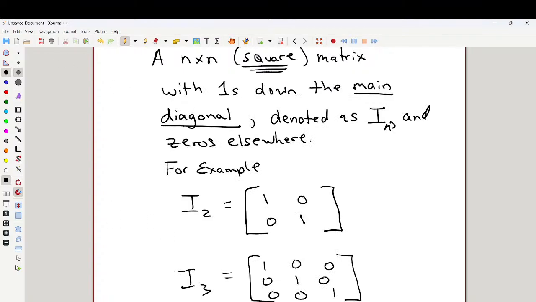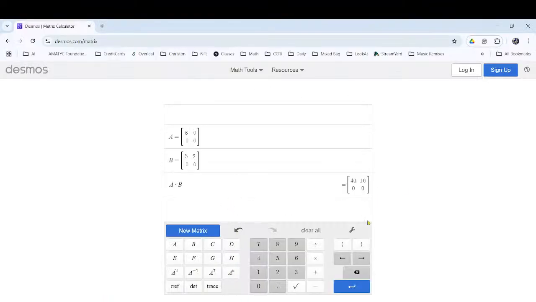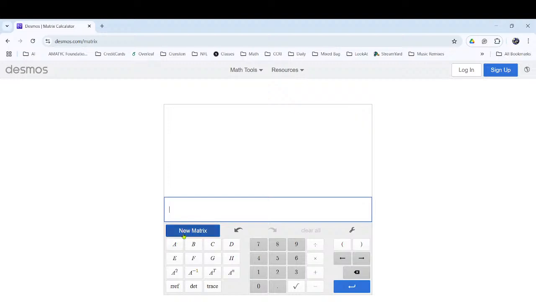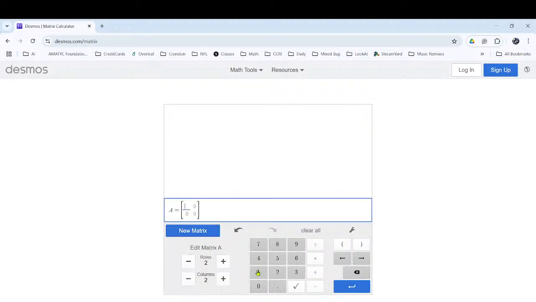So here in matrix world, give me a number. 5. Someone else give me a number. 7. 3.